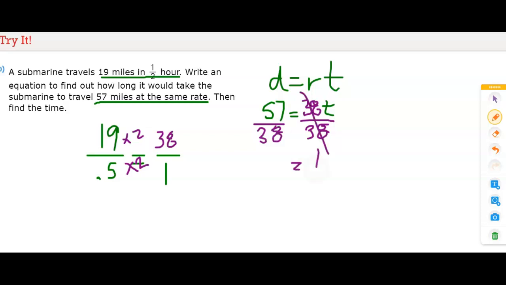Now that cancels out, and I have my T on that side, and then I have 57 divided by 38, and that's going to give us 1.5. So the time it would take for the submarine to travel 57 miles at the same rate would be 1 1/2 or 1.5 hours. So we have now used the equation to help us solve that.